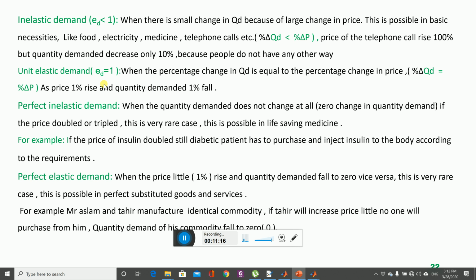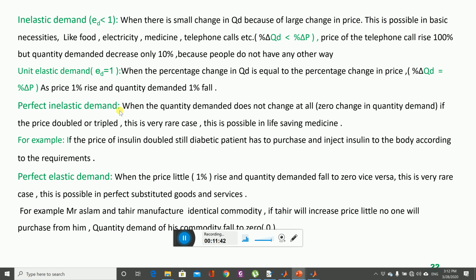ED is equal to 1 when the percentage change in quantity demanded is exactly equal to the percentage change in price. Price 1% increase and demand 1% decrease, both are equal. For such commodities, the demand is called unit elastic demand.